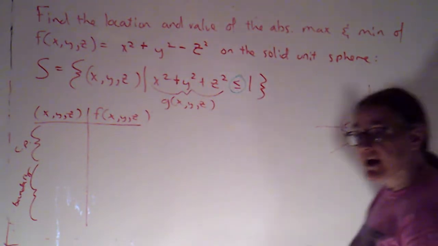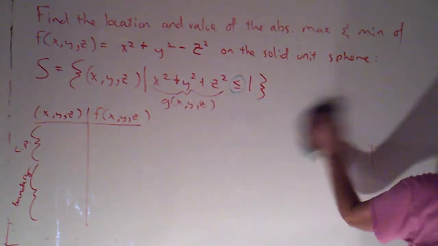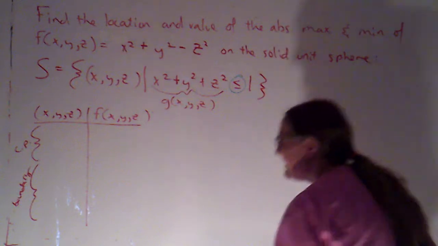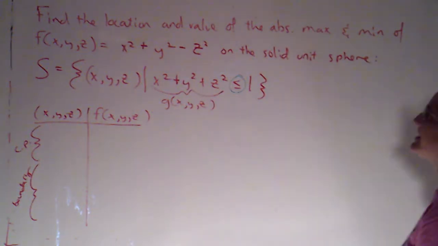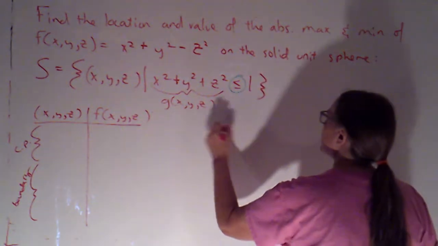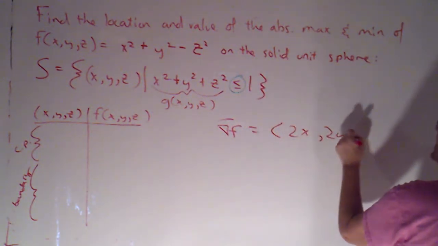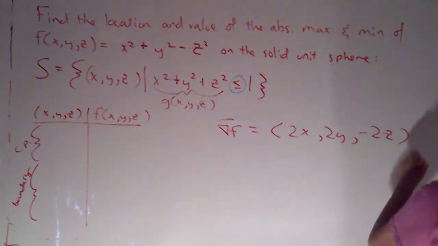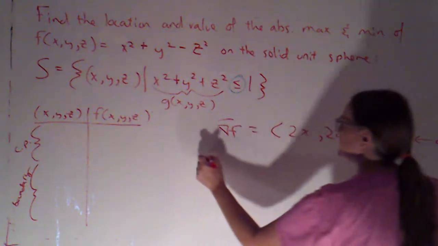All right, so I usually check critical points first, because sometimes that allows me, as I'm working through my cases, to conclude that any points that I get from this case are already on my list. So if I look for the gradient of f, that would be 2x, 2y, negative 2z. That is always defined, so all my critical points will be where it's 0.